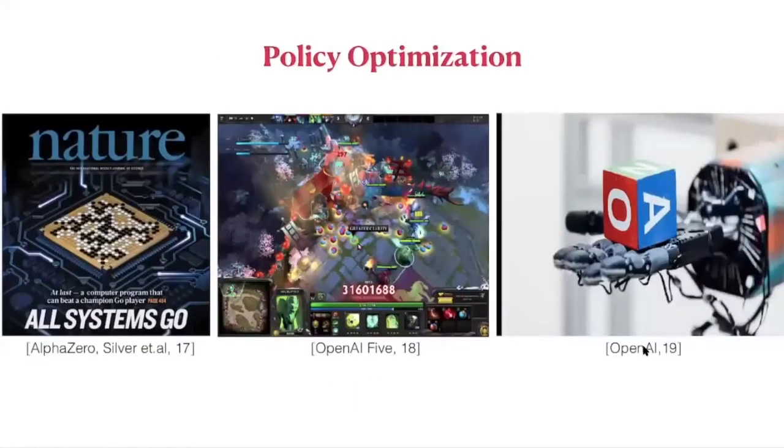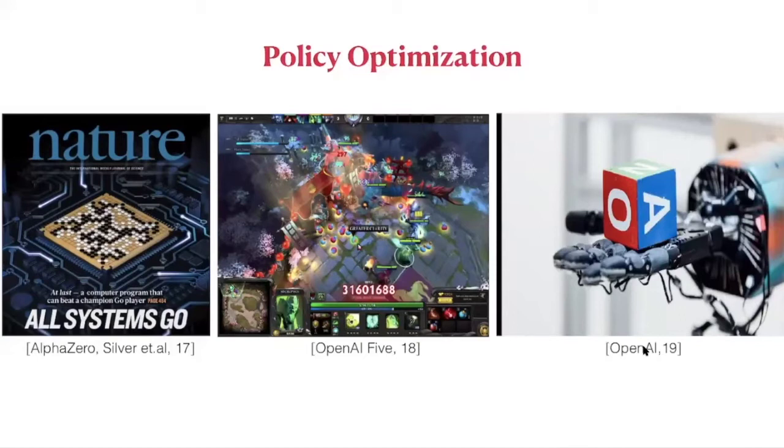And yes, so policy optimization. One of the motivations for us to study policy optimization is that this is one of the most popular approaches people use, right? For these remarkable applications, they actually use some kind of policy optimization for learning the final strategy, either the strategy that beats the human champion on Go or the strategy that beats those top human players on video games.